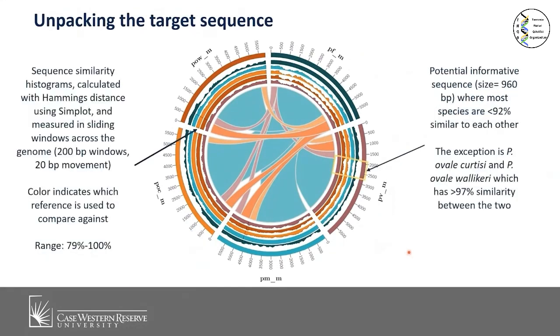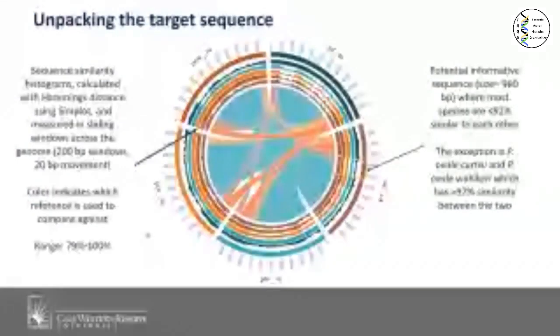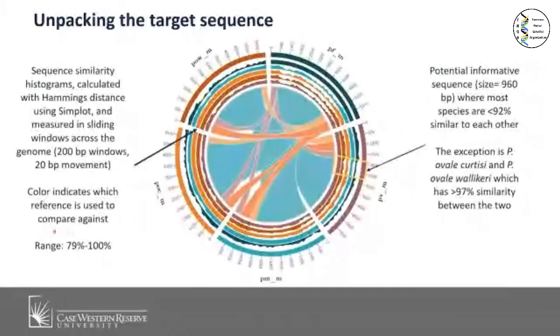Well, if we walk another concentric circle in, what we actually did here was a sliding window base by base comparison using Hamming distance, where you measure the similarity in that little 200 nucleotide region, and then walk all the way across the rest of the genome so that every 200 base pair combination can be compared for similarity. And what we found was that there was a pretty tight range of similarity for all of the Plasmodium species being compared.